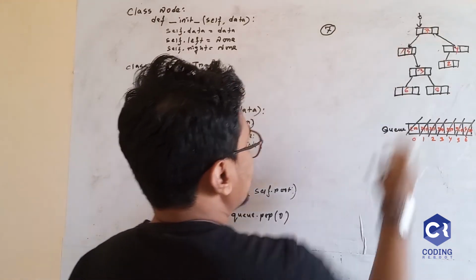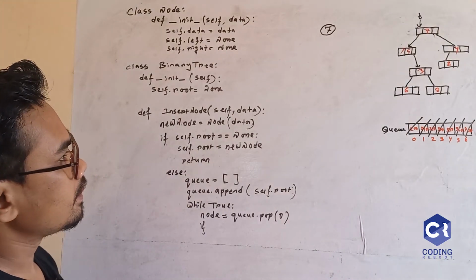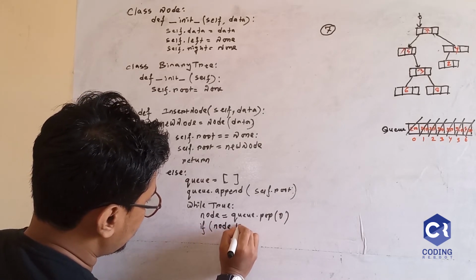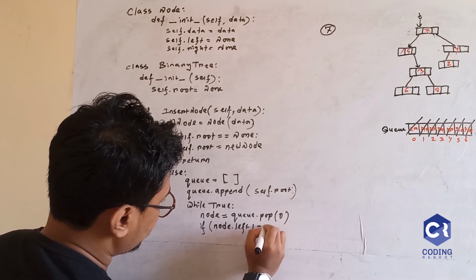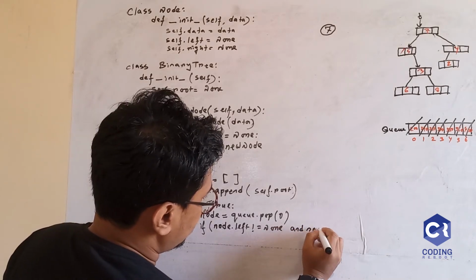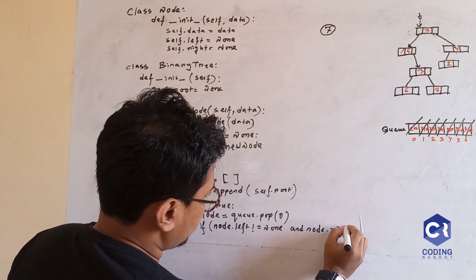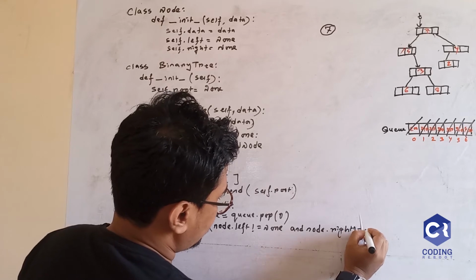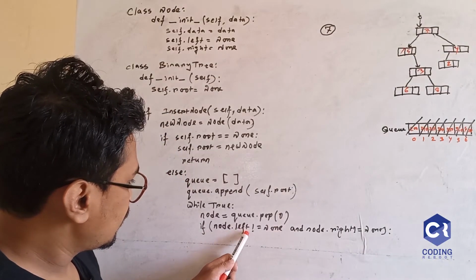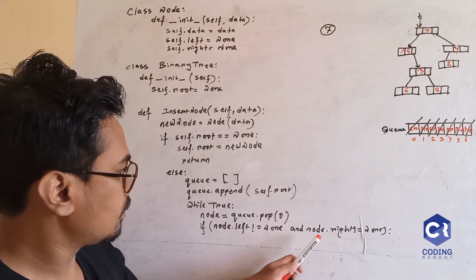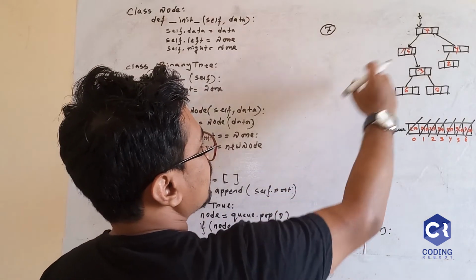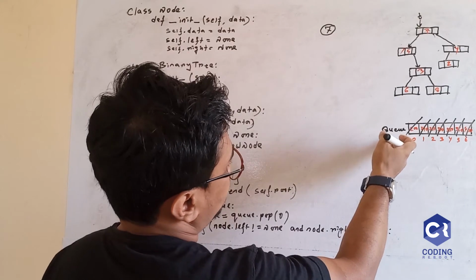After that, again we are going to check whether the left child and right child exist. That means if it is not none, then we check like this: if node.left is not equal to none and node.right is not equal to none, then we are going to insert this left child address and right child address inside our q data structure.